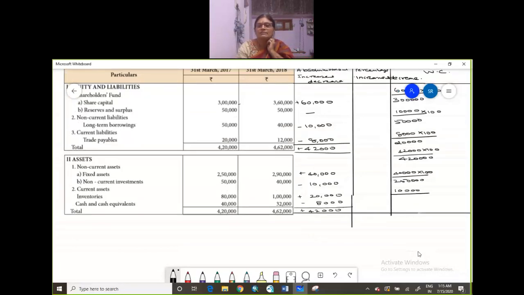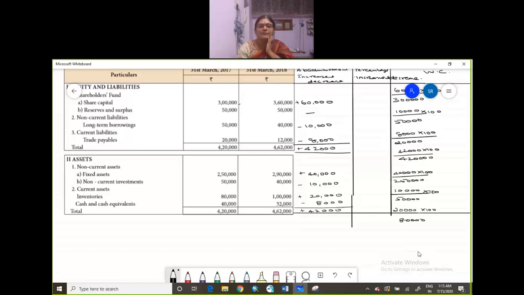The opening balance was 50,000, into 100. And then you have your inventories: 20,000 into 100 divided by 80,000, the balance in the first year.